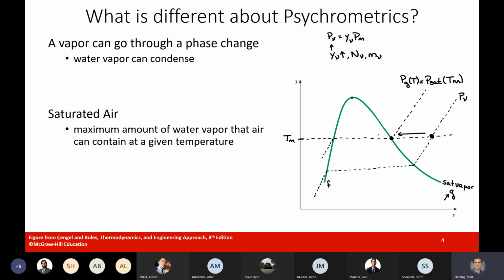And so if we think about our rules for if water will condense, that means if we have the partial pressure of the vapor that somehow is greater than or equal to, we'll just use Psat at this point. If it's greater than that point, this would be our line of constant pressure. That would mean it'd have to be over here. And so technically our point would be on the liquid side.